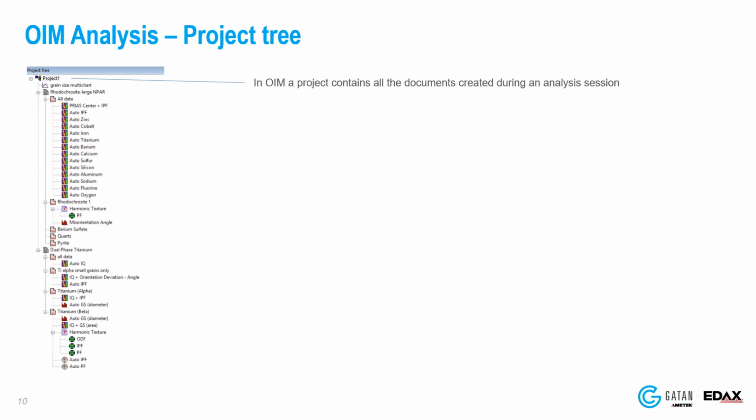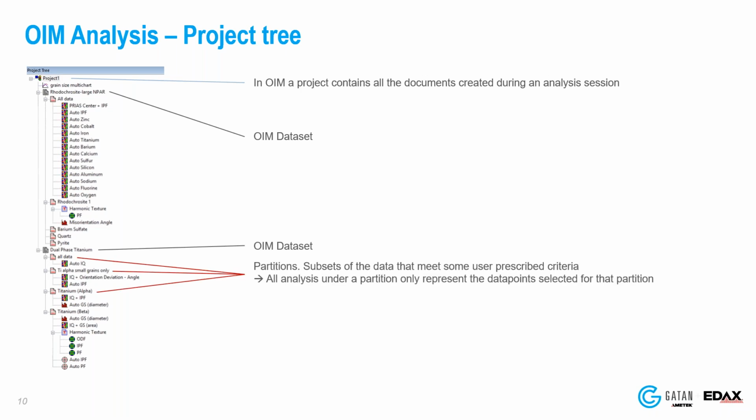Everything you do goes in one project, in one file. But in that project, we have these data sets, those black icons. And I always describe those as buckets with numbers. That's where the data is, nowhere else. So your XY coordinates, your orientations, image quality values, detector signal, everything is in there.